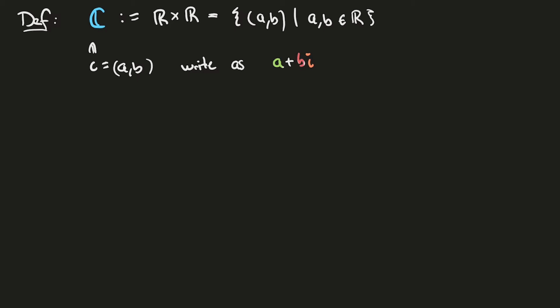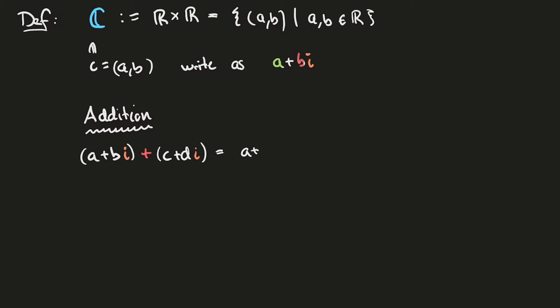Now that we've defined what a complex number is, we can define a binary operation on the set of complex numbers, namely addition. Given two complex numbers a plus bi, and the second one c plus di, we can define their sum to be a new complex number (a plus c) plus (b plus d)i.